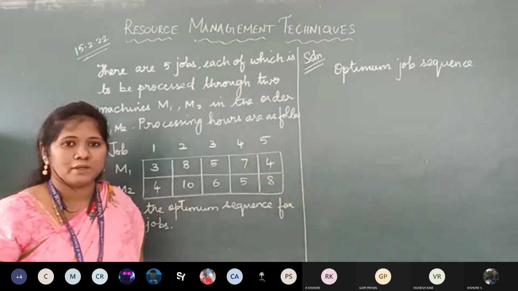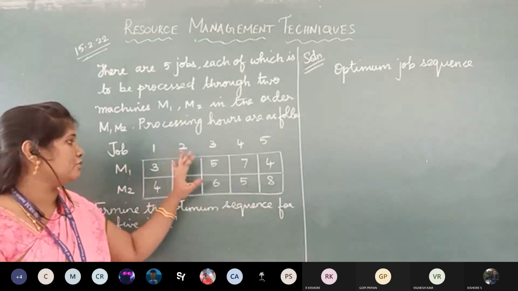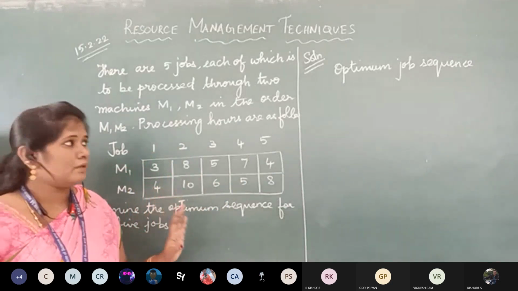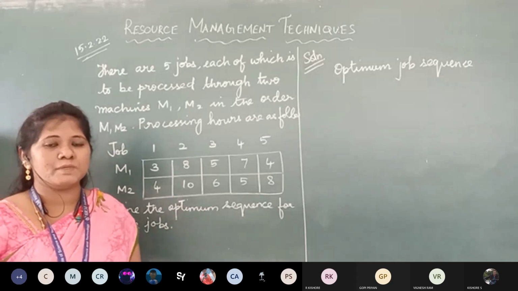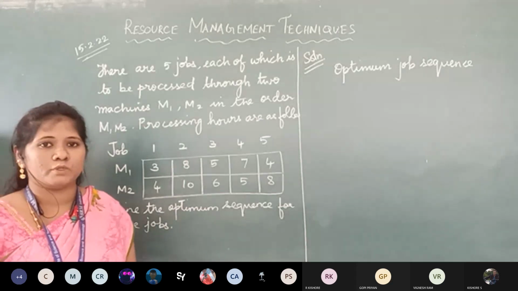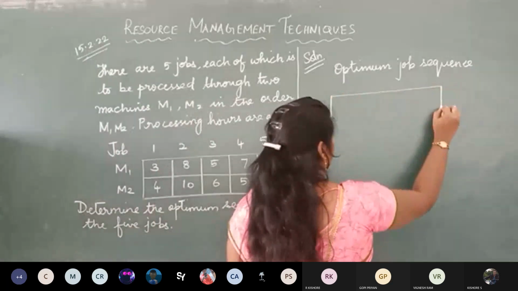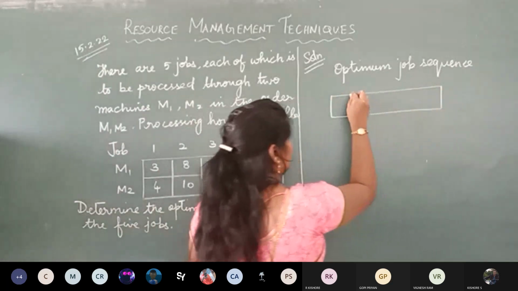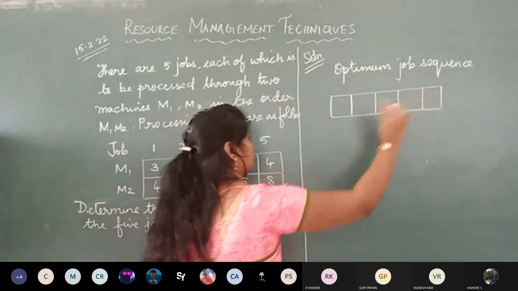Now you listen, then you can write it down. Here they have given you 5 jobs and 2 machines. Whenever you have a sequencing problem, however many jobs have been assigned, that many boxes you will put. So here there are 5 jobs, so you will put 5 boxes: 1, 2, 3, 4, 5.